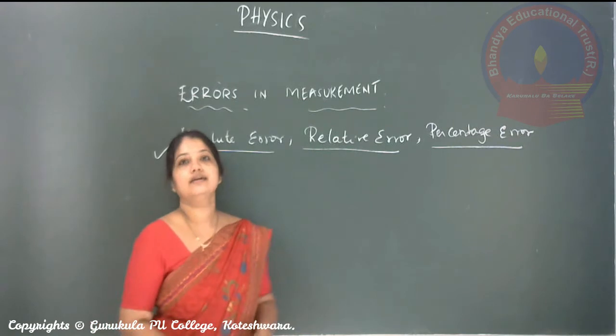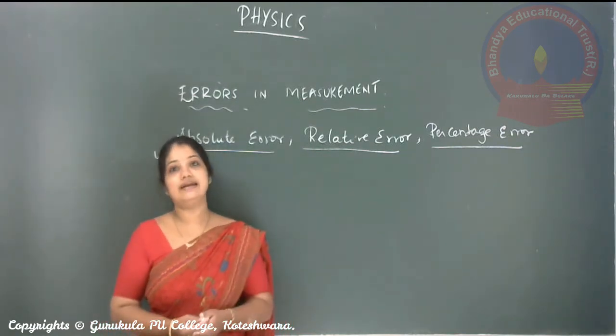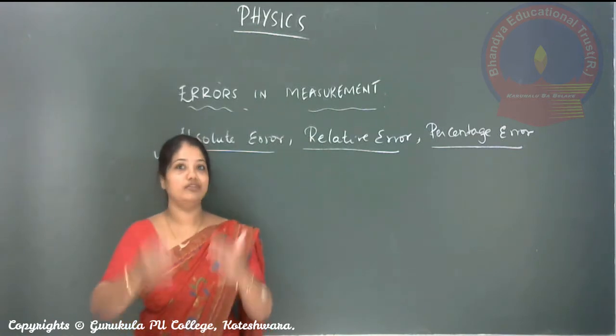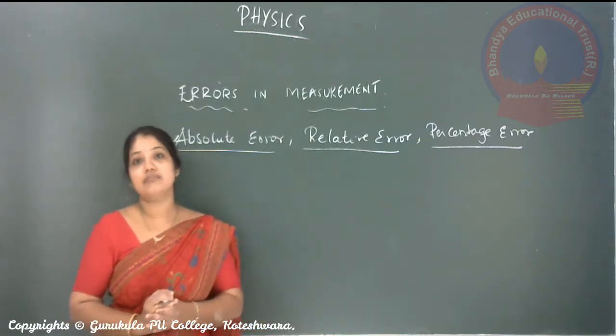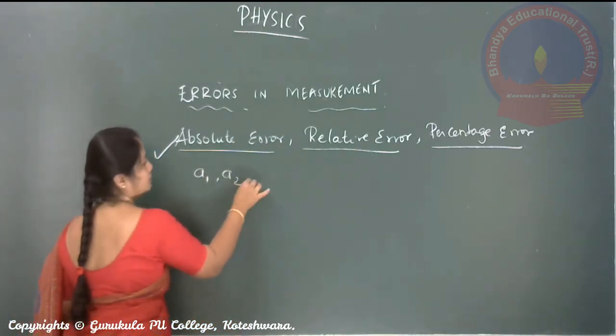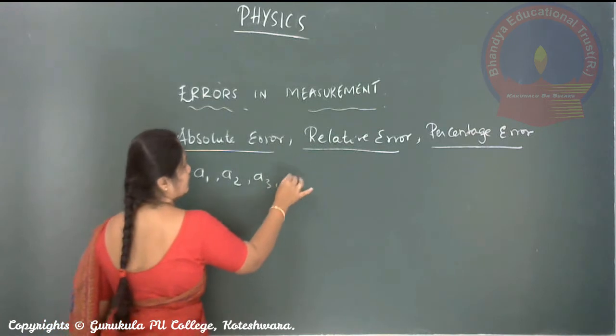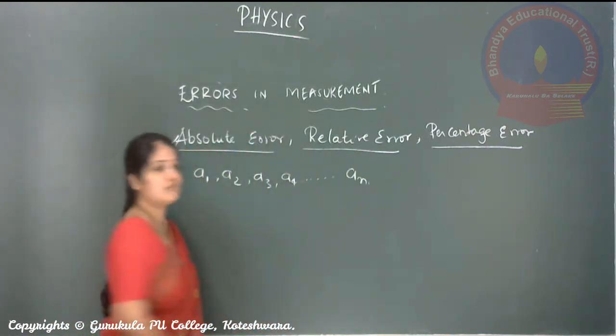Now consider that I am doing an experiment and I have taken many trials. I have taken many readings and I note down my readings, that is A1, A2, A3, A4, and so on, up to n number of times.